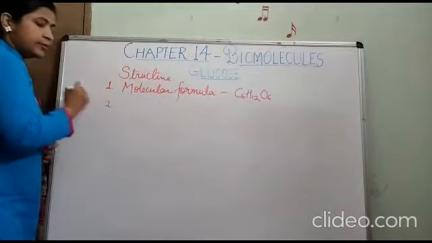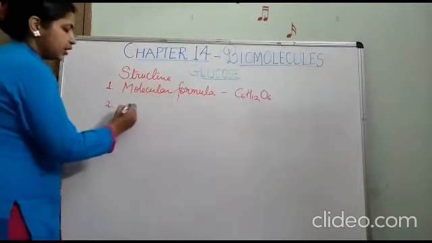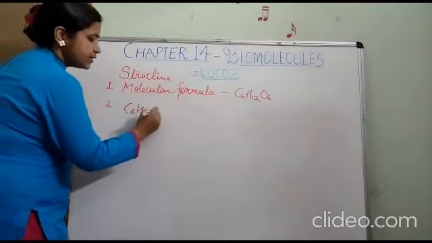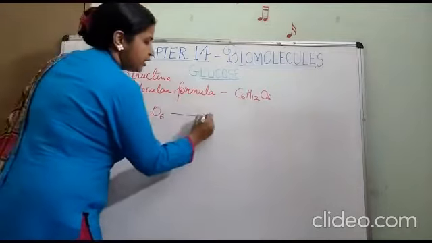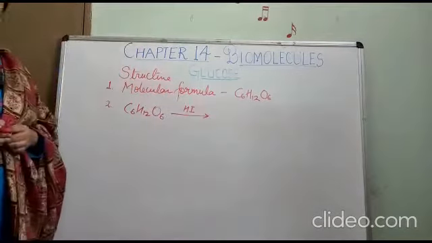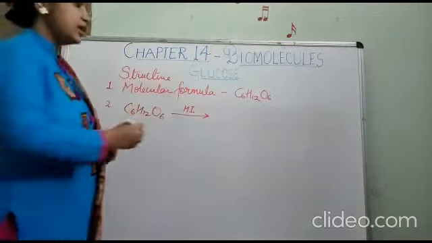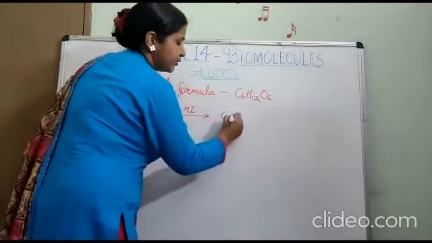Second observation, glucose on prolonged heating with HI. So this is the glucose and we are treating it with HI and heating it for a very long time. So prolonged heating with HI gives n-hexane.